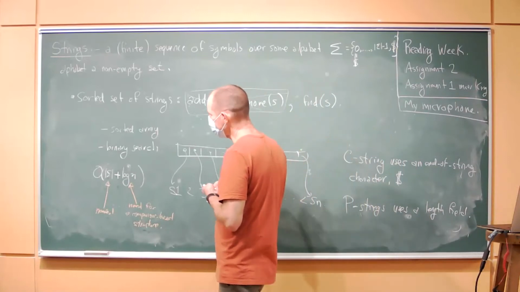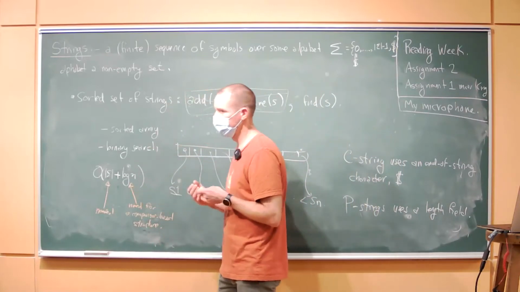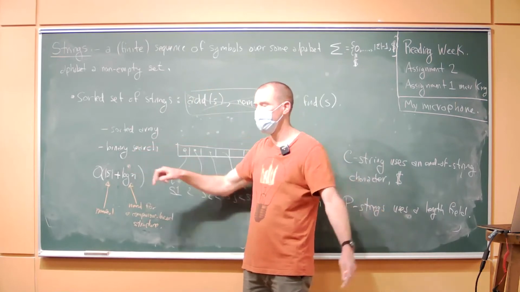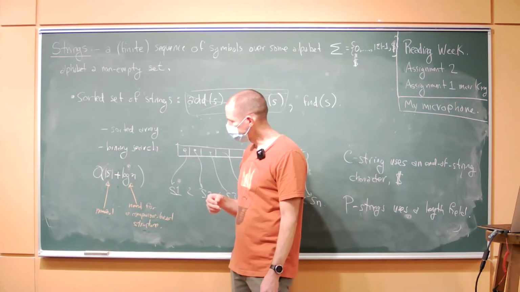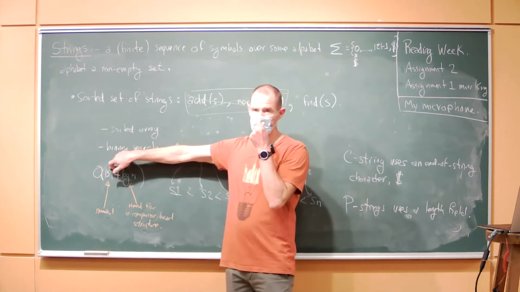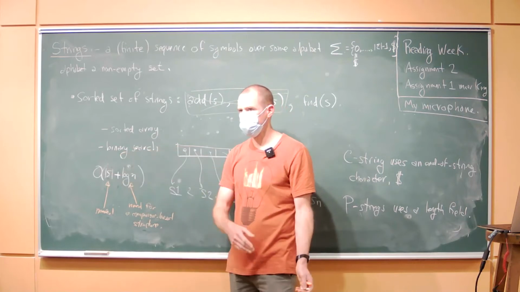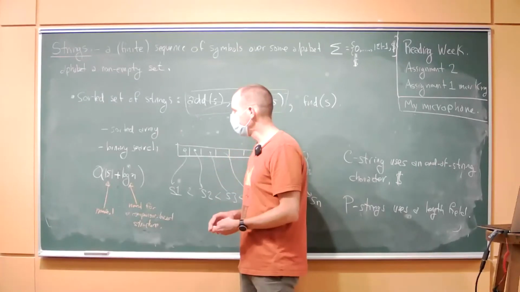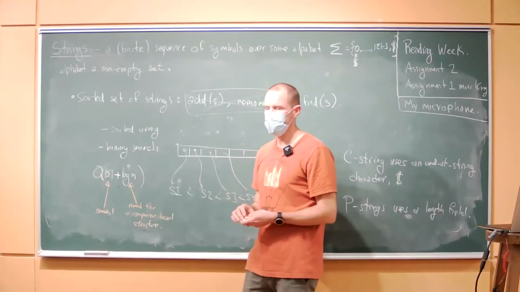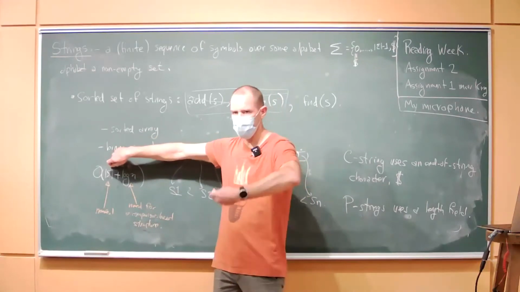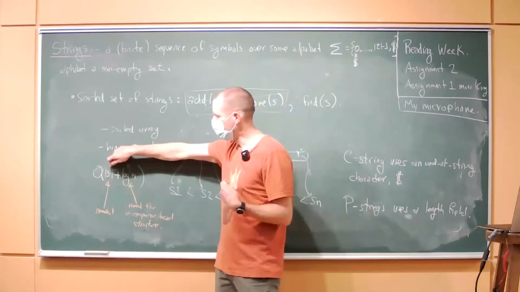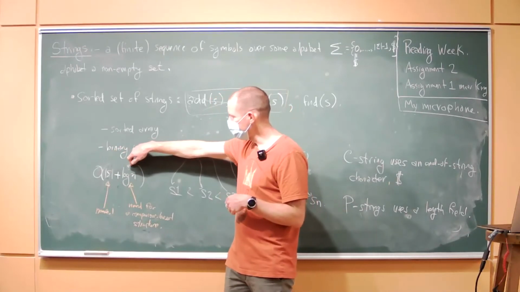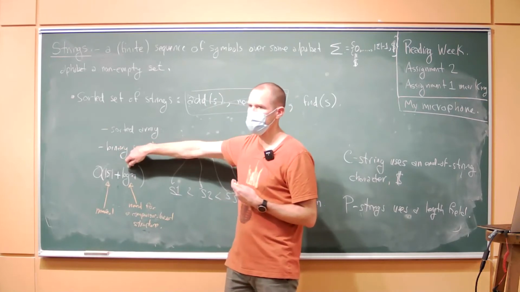Either the size of the set that we're searching in goes down by a factor of 2, and if that keeps happening, that will lead to a log n running time. Or if that doesn't happen, then the character that we look at in S, we hopefully never have to look at it again. We're done with that character and we move on to another character of S. If we can always do one of those two things, then either we're making progress on S, peeling a character off of S, or the size of the set we're searching in is going down. And so that'll lead to this running time.